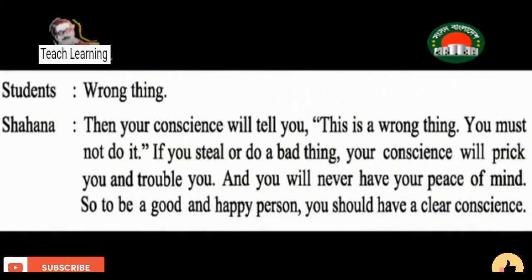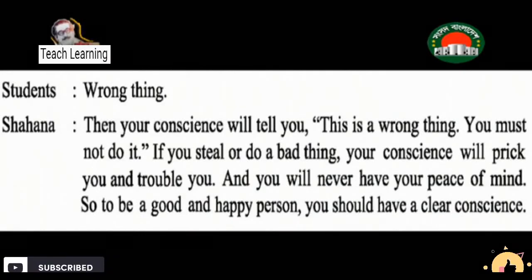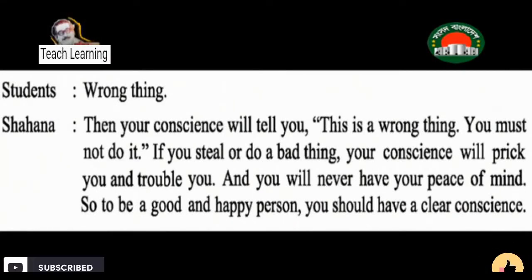It will haunt you and trouble you, and you will never have peace of mind. So if you want to be a good and happy person, you should have a clear conscience.